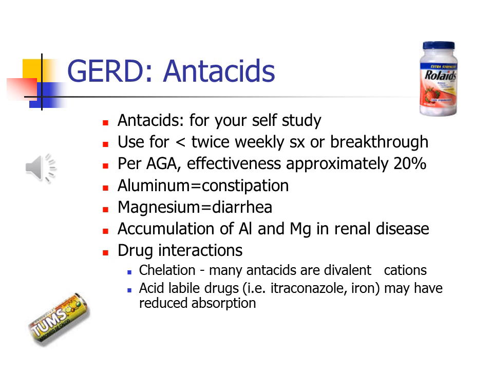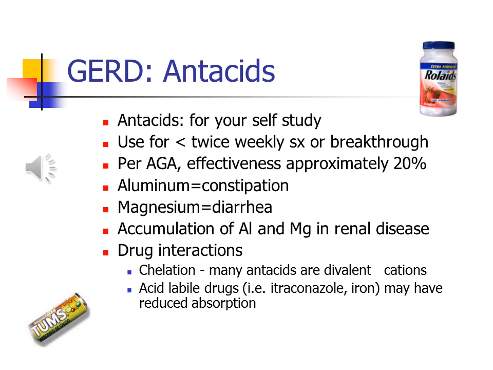As we've already mentioned with some of the agents used to treat diarrhea and constipation, there is a potential for the accumulation of aluminum and magnesium in renal disease. So if you're taking care of an end-stage renal patient, it's important to make sure that they know not to take these agents without explicit direction from their provider.